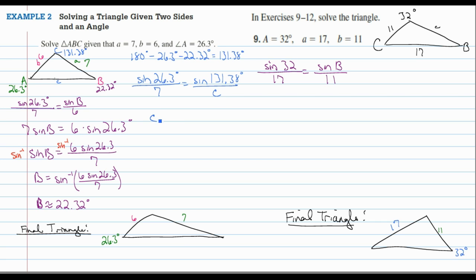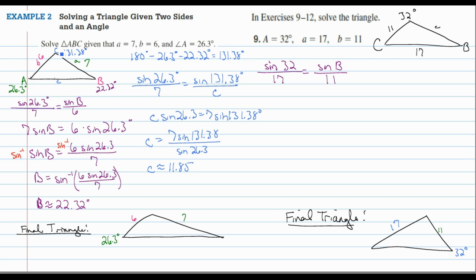Now I can cross multiply again. And c is going to be 7 times the sine of 131.38, and lots of messy decimals after that, but I'm not writing them down, I'm just using them in my calculator. So I get that c is approximately 11.85.